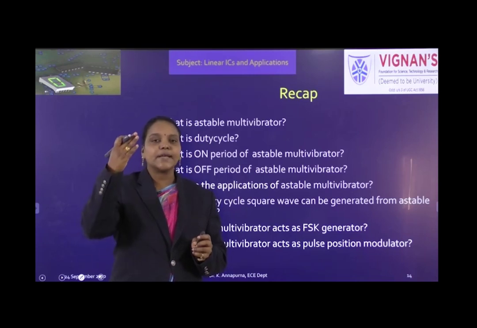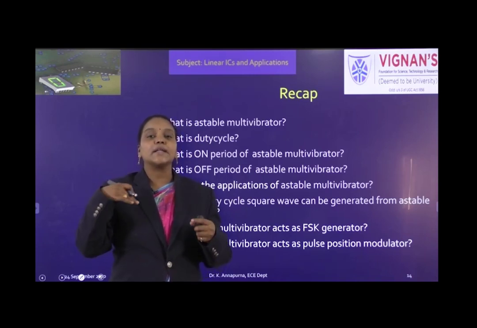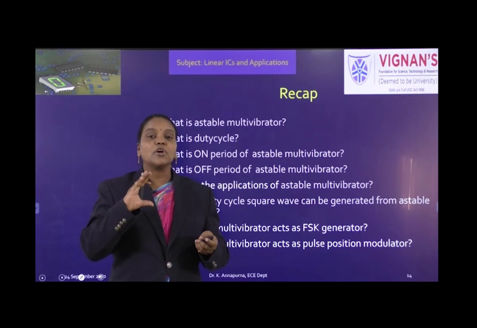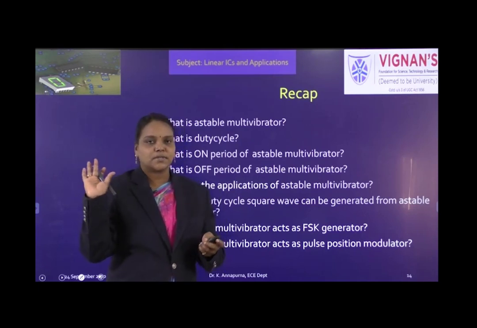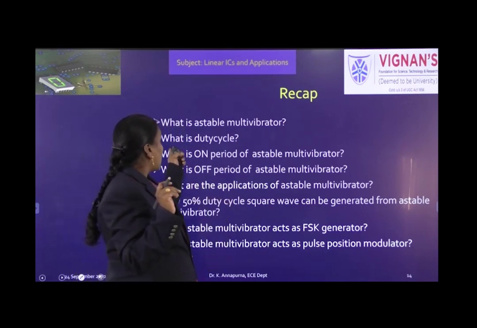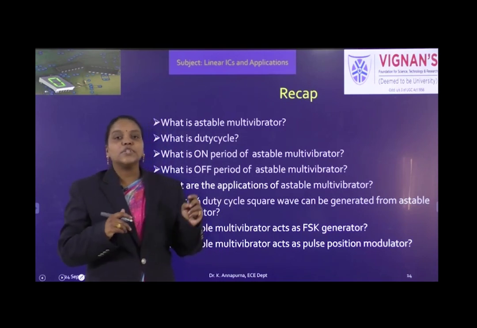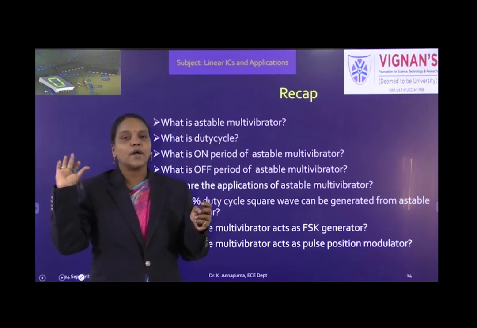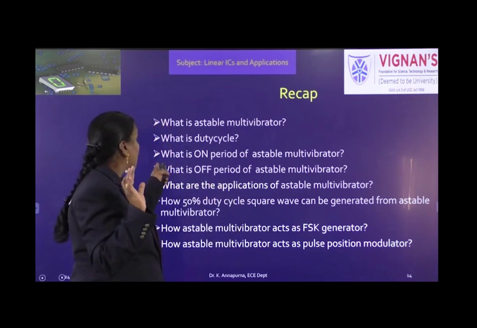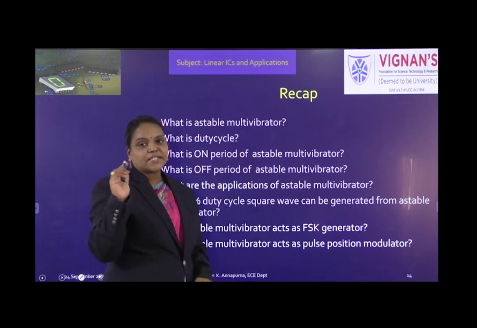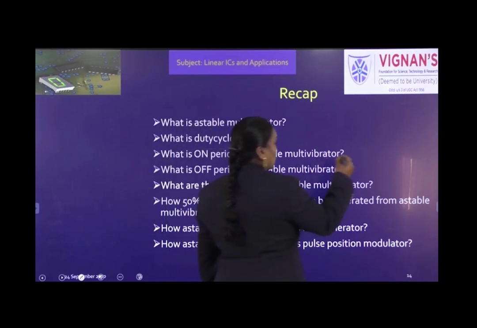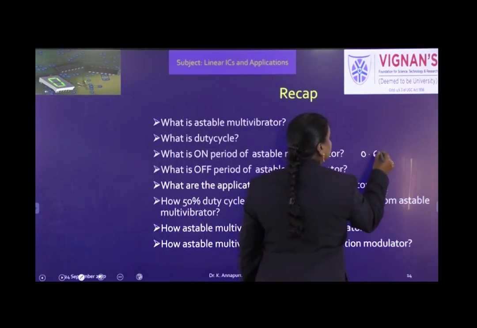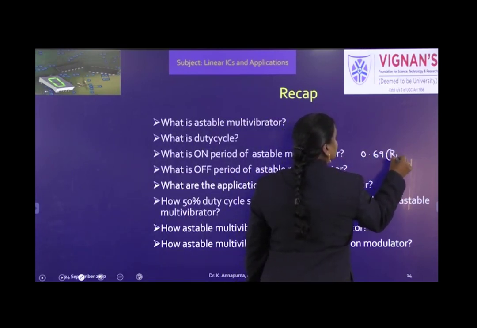Both on state and off state will automatically change without any external trigger pulses. What is duty cycle? Duty cycle means on period by (on period plus off period) into 100%. What is the on period of an astable multivibrator? The on period is 0.69 into (RA plus RB) into C.